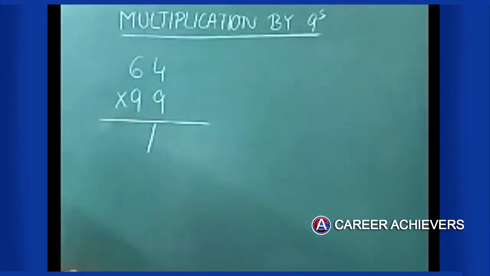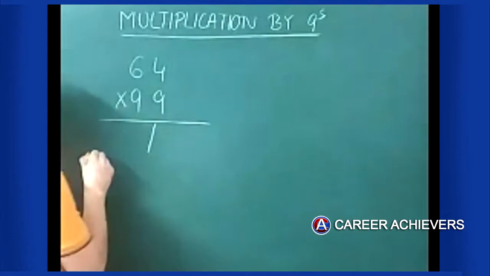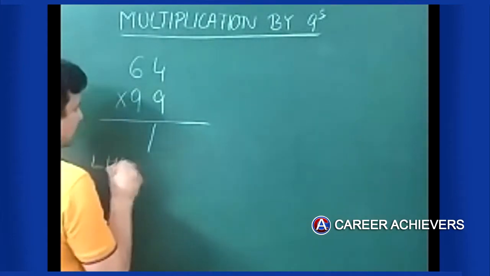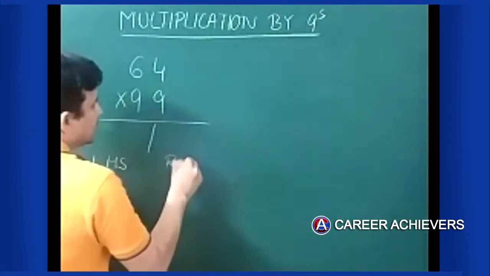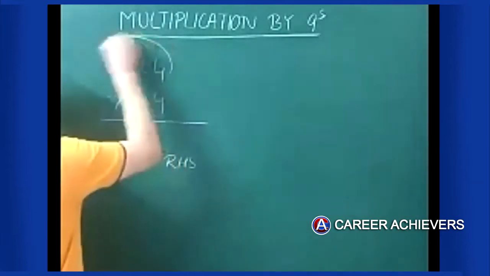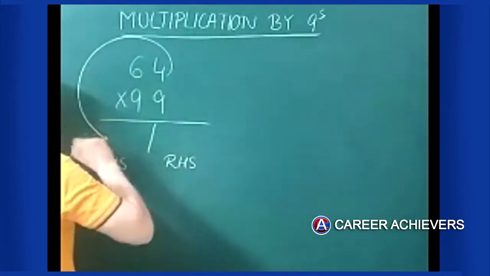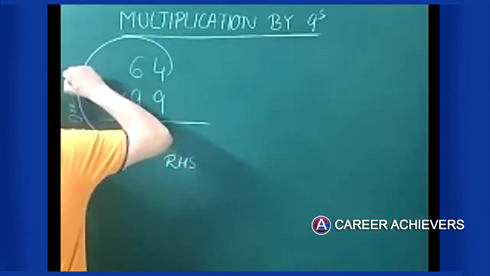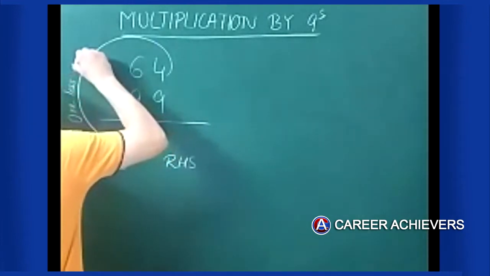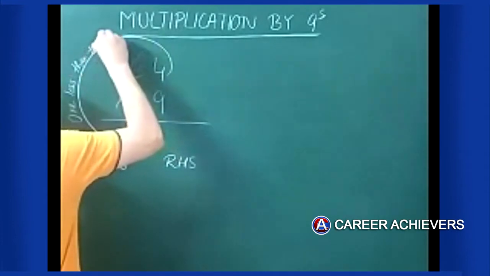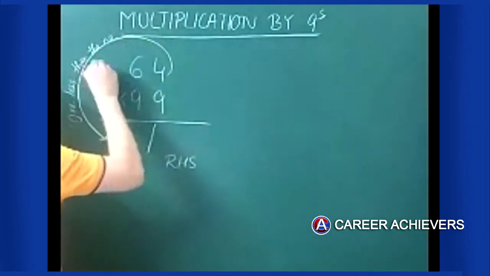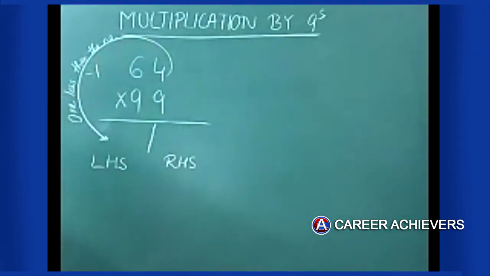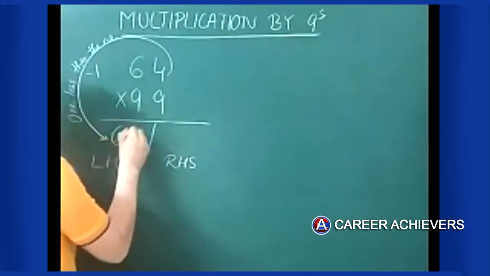Here we divide our answer in two parts, LHS and RHS. In LHS we apply one less than the number. That is, we subtract 1 from this number to obtain LHS. LHS is 63.